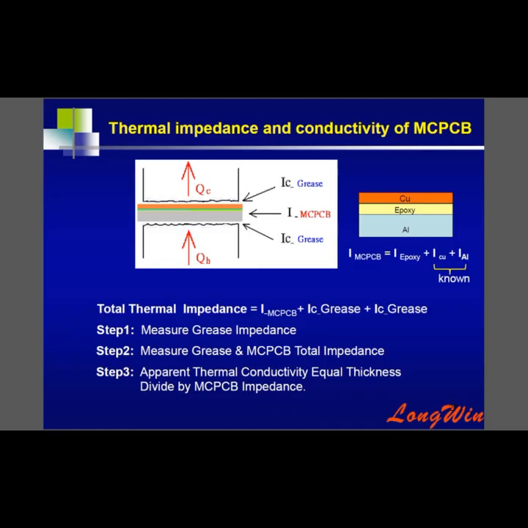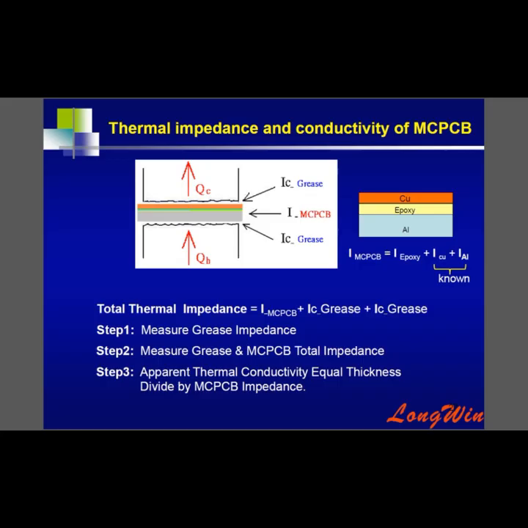And in the middle is the sample, which is solid and with negligible deformation. So the first step, we need to measure the thermal impedance of the grease. And the second, we measure the total impedance, including the impedance from the grease and impedance from the MCPCB, the sample.